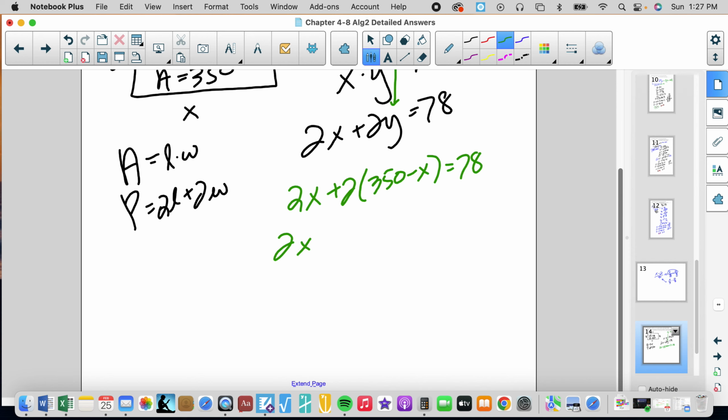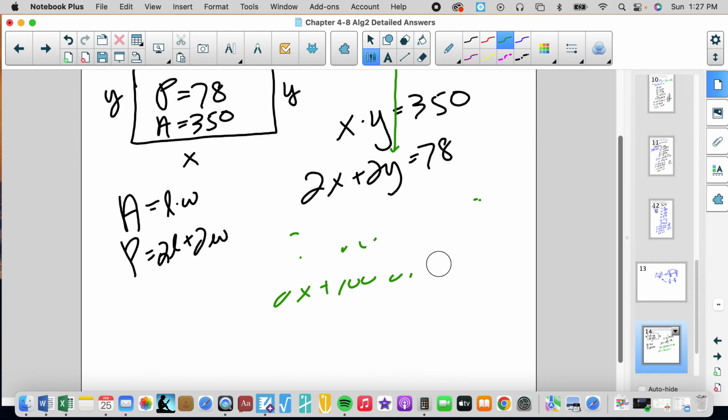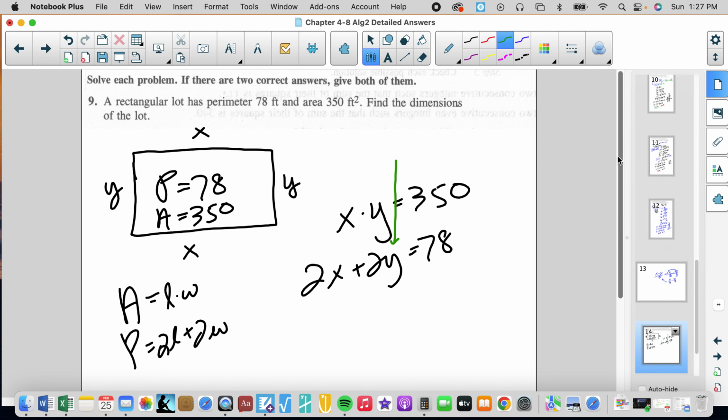And that's 2x plus 700 minus 2x. What did I do wrong? X time, sorry. That's not what we're isolating. So that's good, right? We should find out when we make mistakes. My x's were going to cancel there, so that would have been a big no-no.